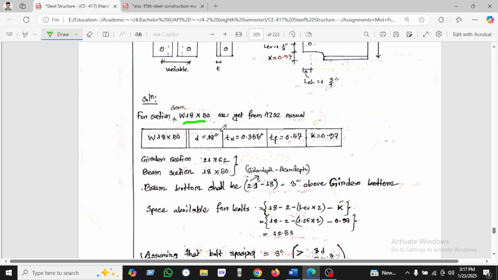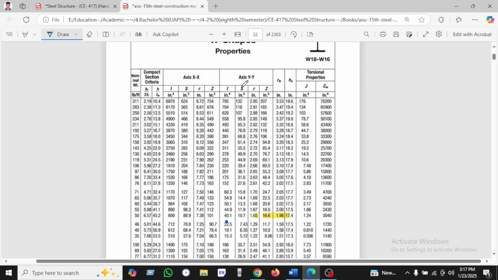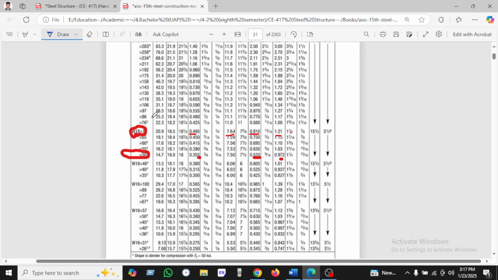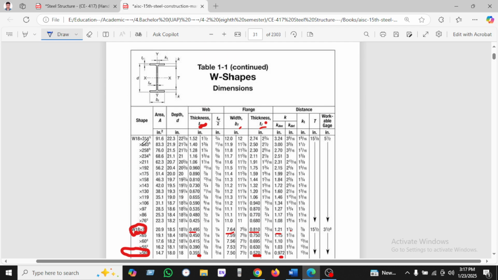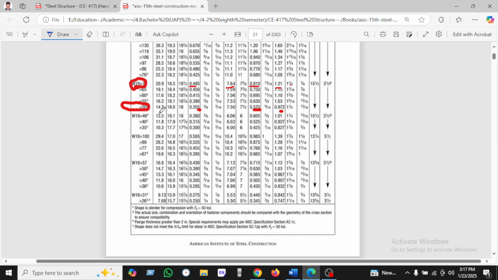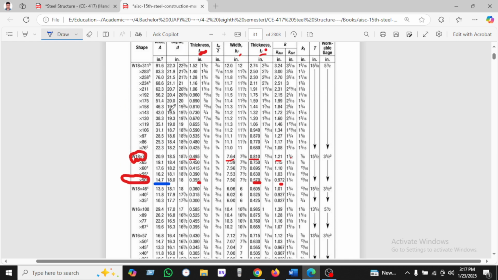As the beam section is given, we can easily find the depth, web thickness TW, flange thickness TF, and k below from the AISC manual. If you go to the AISC manual, this is the W18x50.